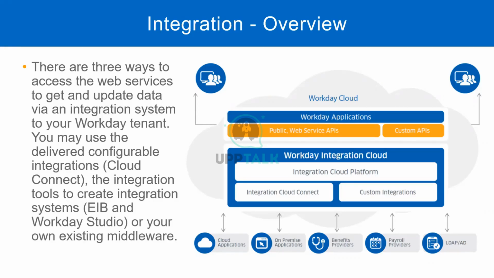One way is to use the delivered configurable integrations, like the Core Connectors that we are going to talk about now. You can also use your integration tools like EIB and Workday Studio. We can use those to connect and get information from Workday.